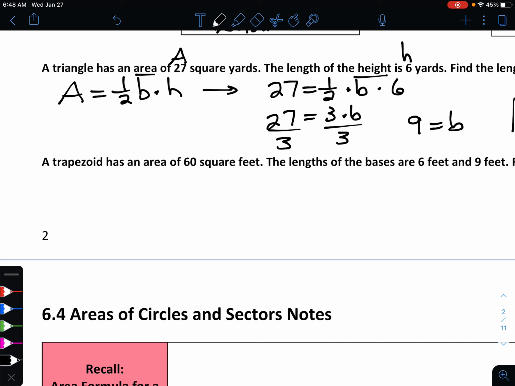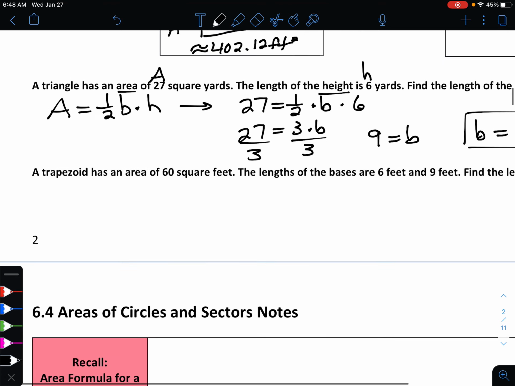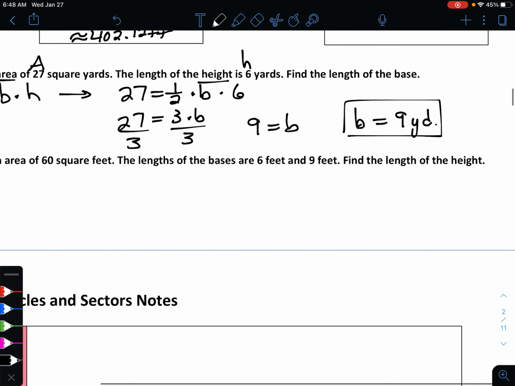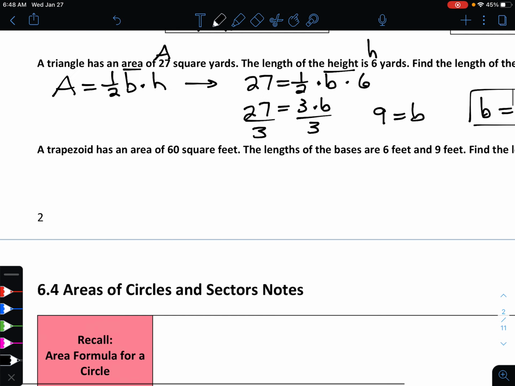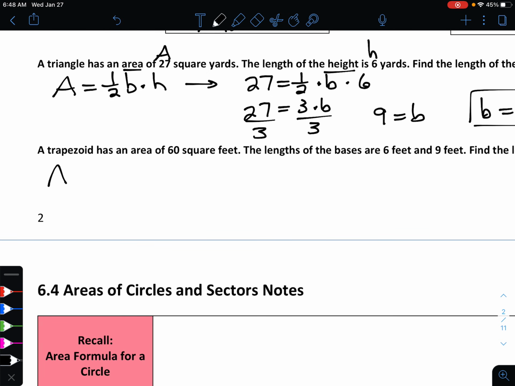It tells us a trapezoid has an area of 60 square feet. The lengths of the bases are 6 feet and 9 feet, and we want to know the length of the height. For a trapezoid, remember that the formula is the area is equal to base 1 plus base 2, all over 2, multiplied by your height. The information we were given is that it had an area of 60 square feet, so area A is 60.